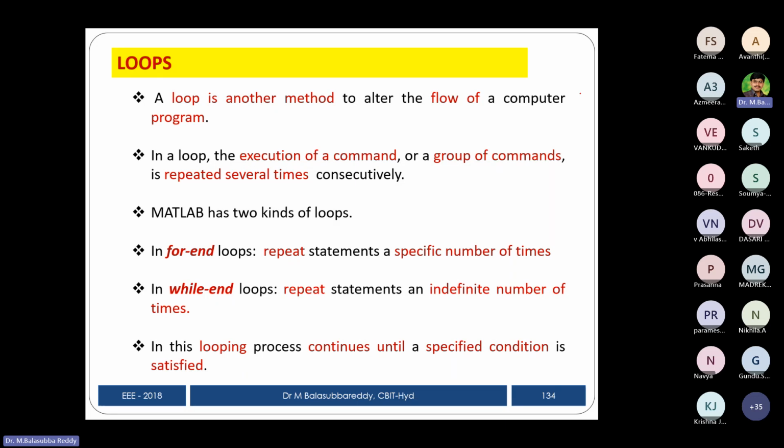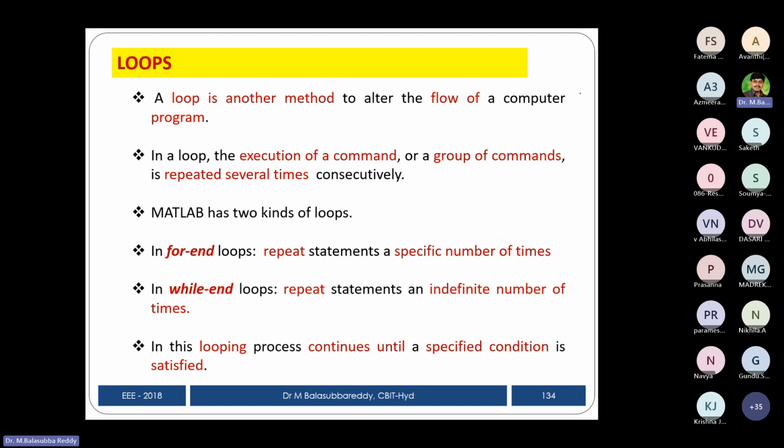Suppose I'm calculating the error, let us assume that in the first iteration you got some error, in the second iteration some other error. So you have to reduce that error to some value, maybe 0.0001. But you don't know when it will reach 0.0001. What do you have to do?